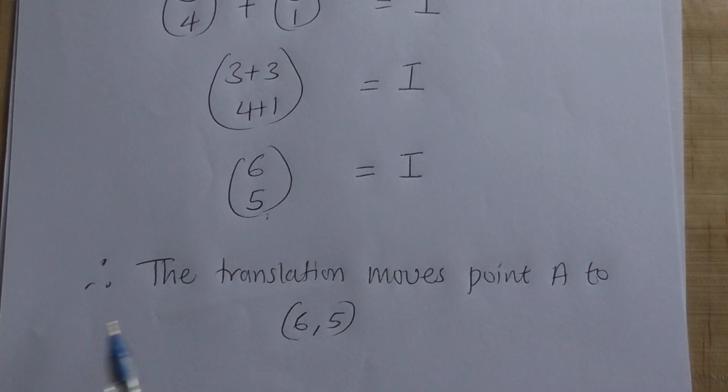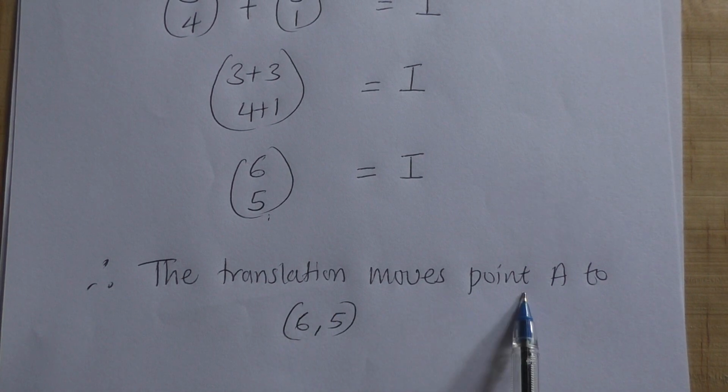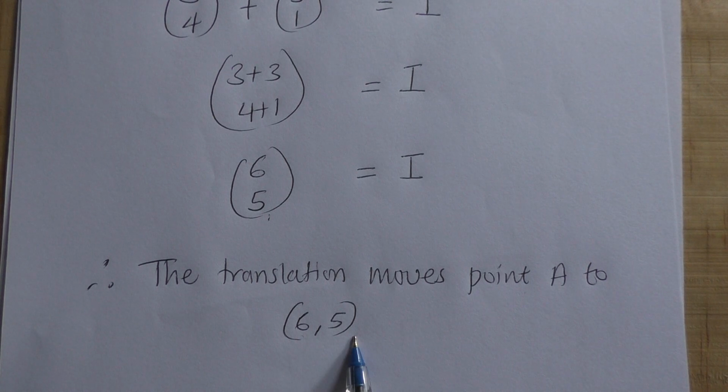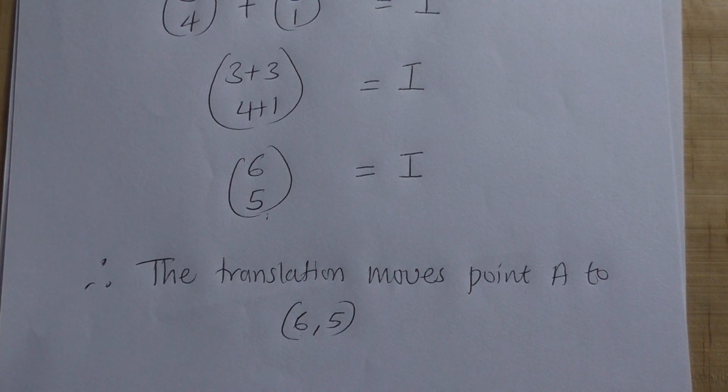Therefore, the translation moves point A to 6, 5. So that is how we shall get the new position of point A under that given translation.